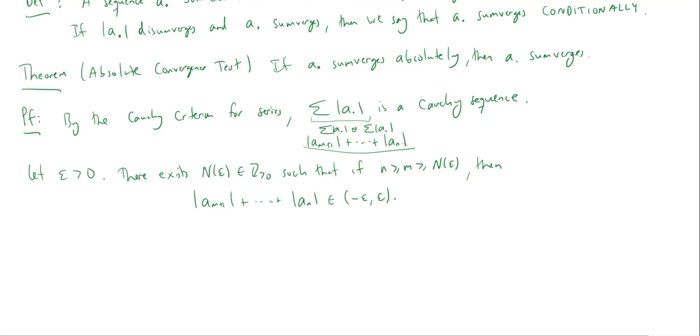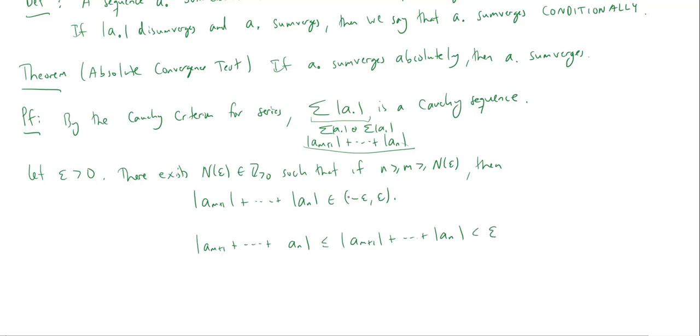Okay, but if I put this together so that there's no absolute values except for one absolute value over the entire sum, then this is doing the triangle inequality from right to left. So this would be less than or equal to the sum of the absolute values of these terms. And we already know that when I add up all these things, this is going to be less than epsilon.